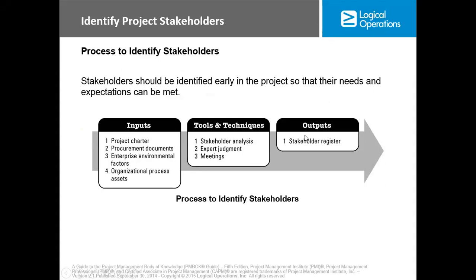Okay. Now, identify stakeholders. In the first place, who is a stakeholder? A stakeholder is anyone who has business interests, who has an interest in the project, or anybody that the outcome of that project or the project itself affects, either positively or negatively.